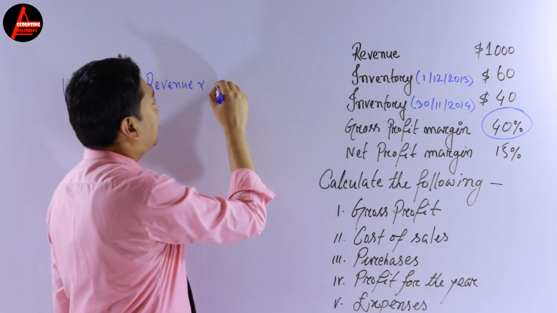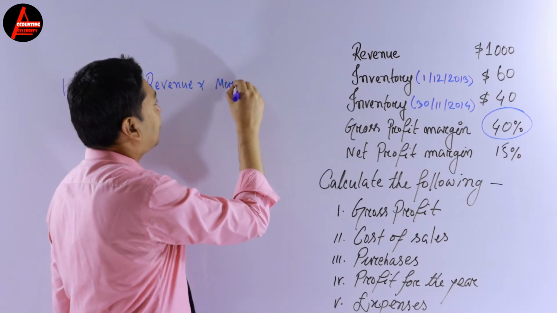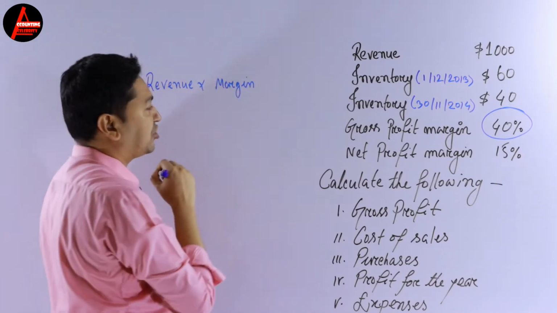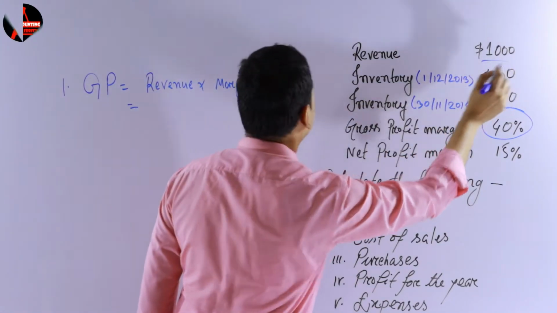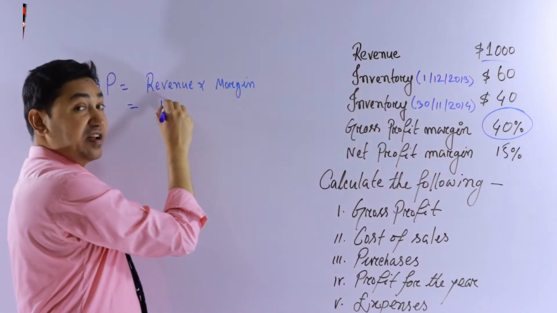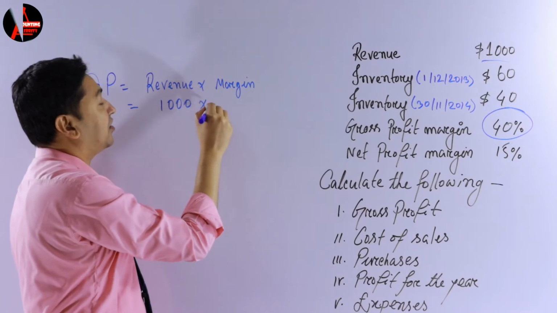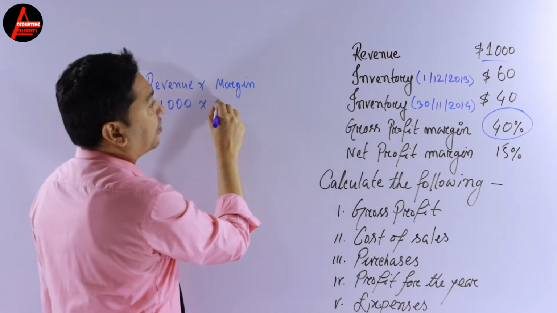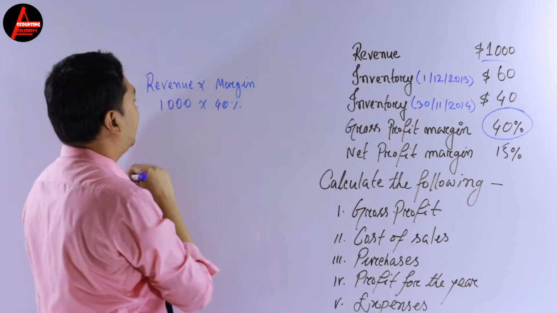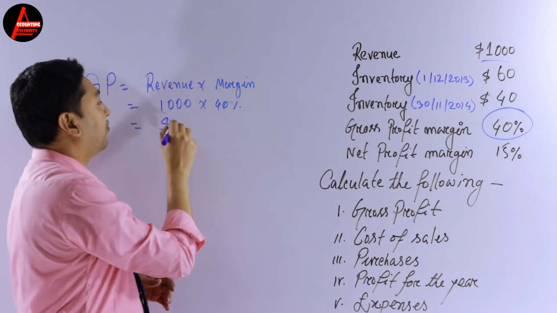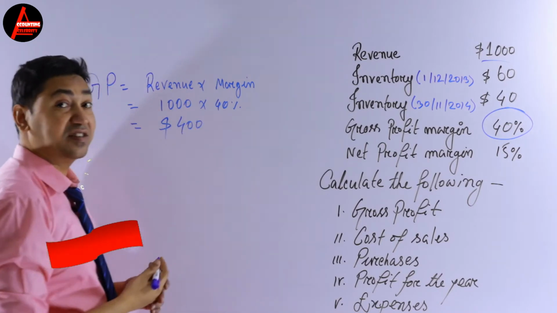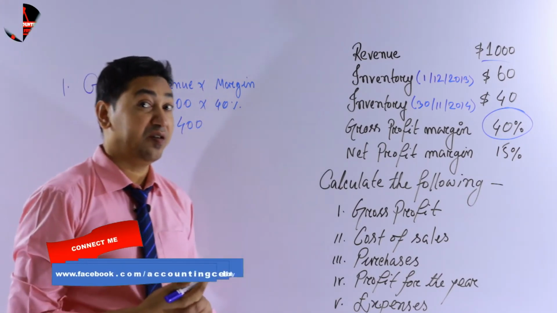So gross profit margin. Okay, so what is our revenue here? It is $1,000. So right here $1,000 and multiply by 40%. Okay, if you calculate, your answer is $400.